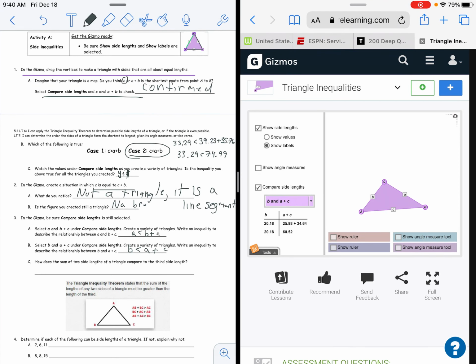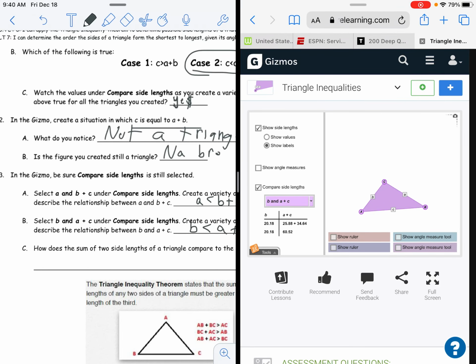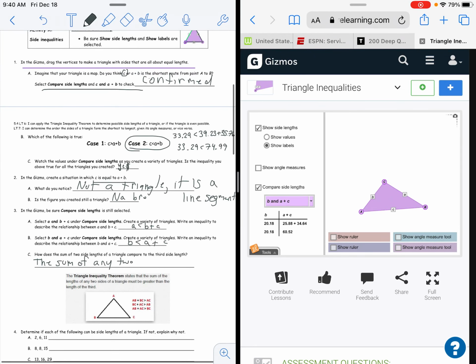All right, how does the sum of two sides of a triangle compare to the third side length? The sum of any two sides is always greater than the third.